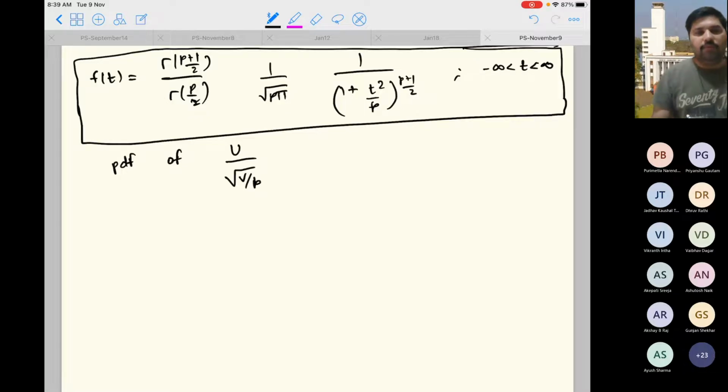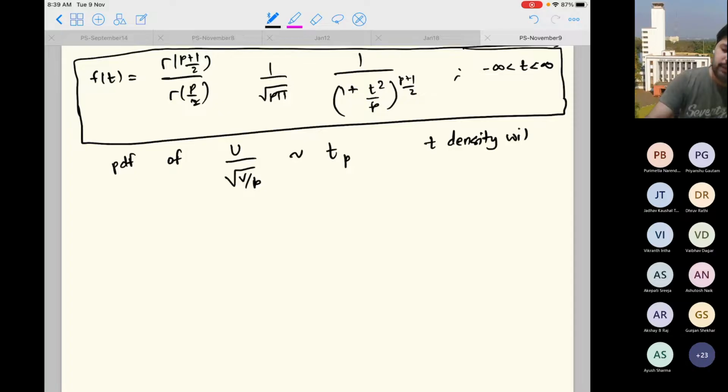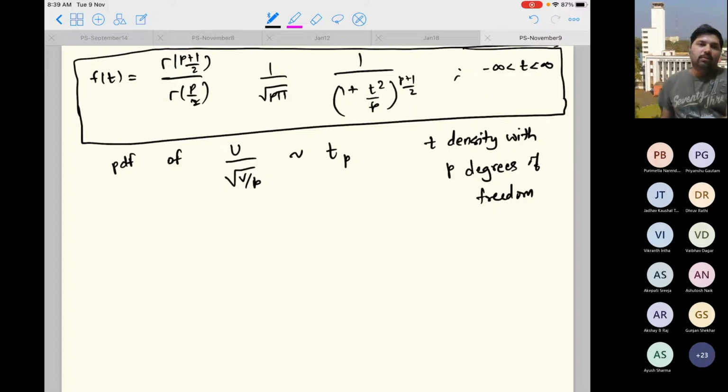So the PDF of this random variable, we say it follows a t density with p degrees of freedom. One thing that you can note here quickly is, when p is equal to 1, what happens?